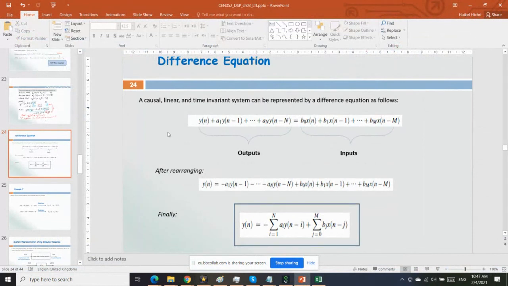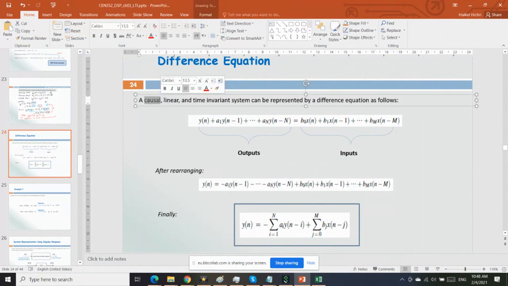Causes a causal linear time invariant system. We saw what causal means, what linear means, what time invariant means. So a causal linear time invariant system, which is called LTI for short, an LTI system can be represented by a difference equation.